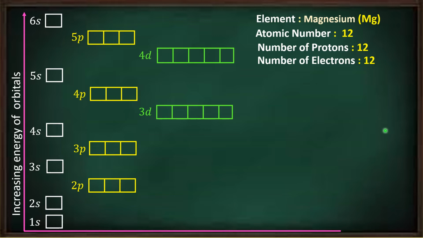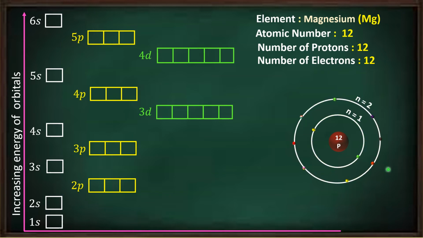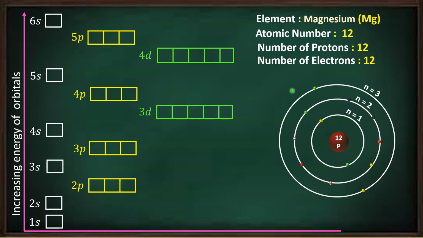So the nucleus of magnesium contains 12 protons and 12 electrons revolve around the nucleus in different orbits. 2 electrons are there in the first orbit, 8 electrons are there in the second orbit and 2 electrons are there in the third orbit. So totally 12 electrons are revolving around the nucleus of magnesium. Now we have to place all these 12 electrons in the various orbitals.